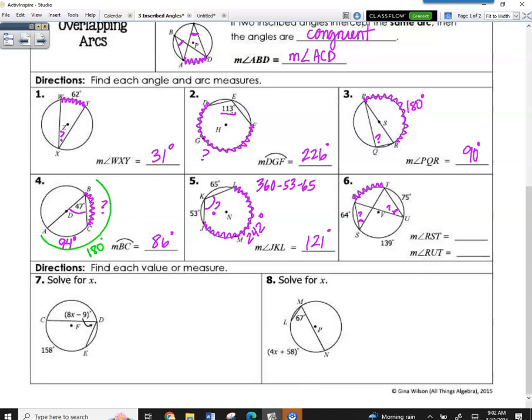Yes, I have the whole circle but one piece. So 360 minus 64, 139, and 75. And what do you get? 82. So if the arc is 82, coming inside the angle would be a snow day. Coming in, it'd be 41.